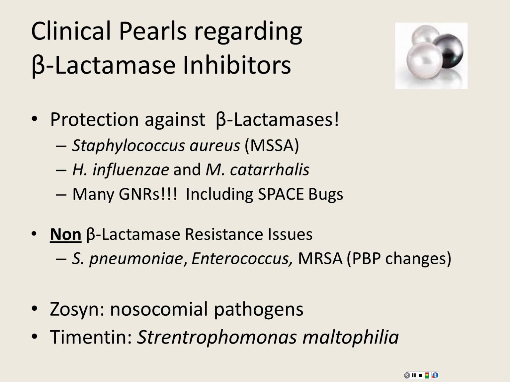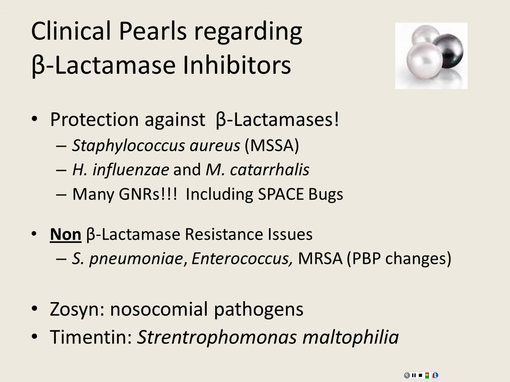So we do have in the very first bullet protection against beta-lactamases, and so we regain coverage for MSSA. You can regain coverage for H. flu and Moraxella catarrhalis, and you can often regain coverage for a lot of those gram-negative rod bugs, although not all the time, because sometimes our beta-lactamases are now carbapenemases and they eat through everything. Looking at the second bullet, here are some examples of organisms where the resistance problem is not via beta-lactamase production.